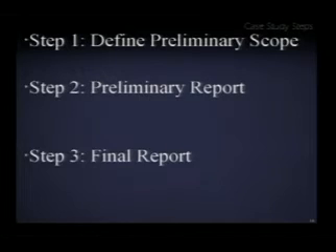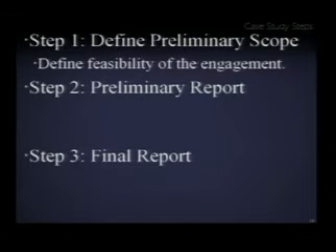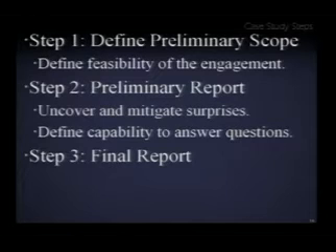So very often we'll begin the engagement with an estimate of work that tells them what kind of things that we know we can do without having any information about what's in the data in advance. So we'll provide a preliminary scope of work, and it'll tell them what's feasible, what we know we can do with the tools, what we can do quickly, and generally it will provide them a preliminary report.